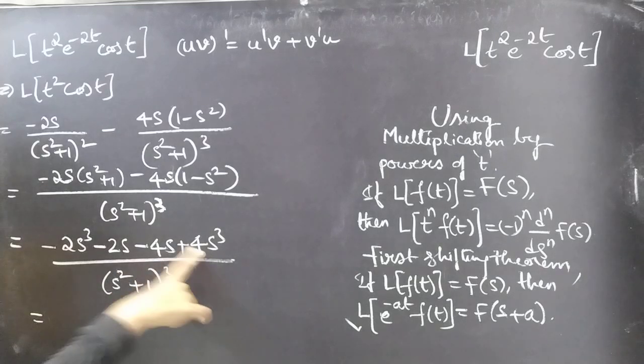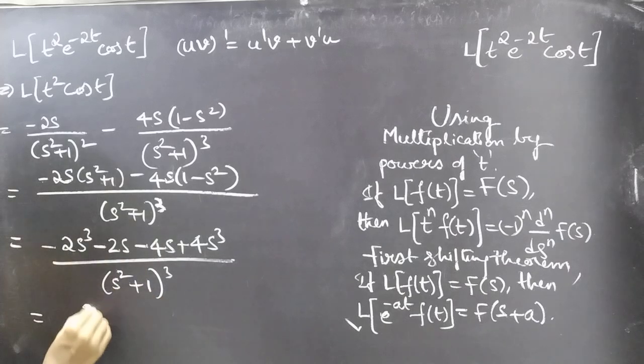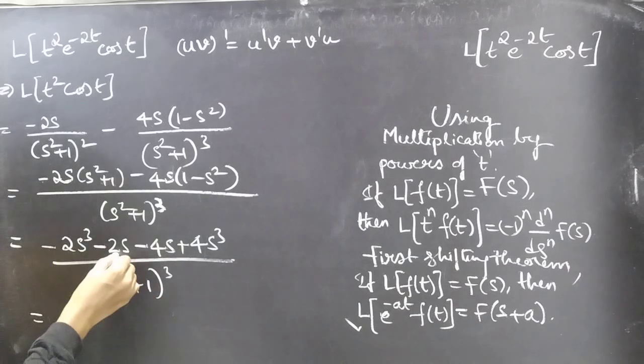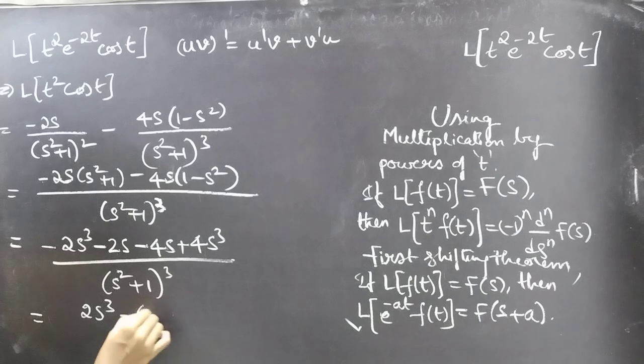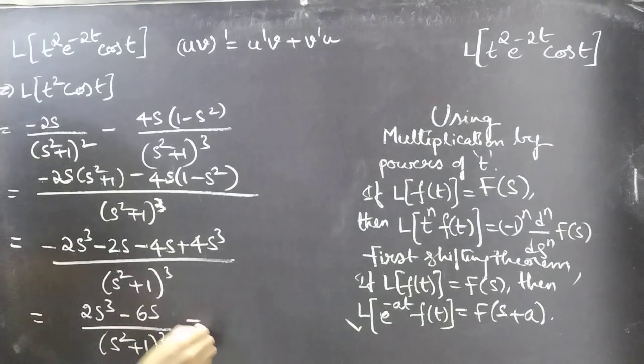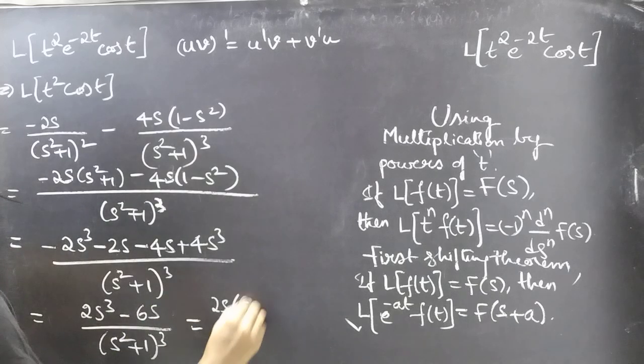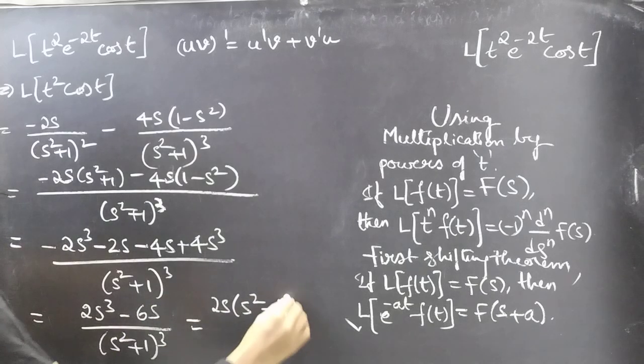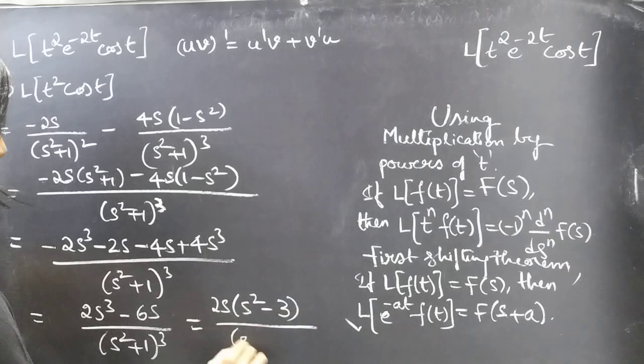This gives us 4s cube minus 2s cube is 2s cube, minus 2s minus 4s is minus 6s, by s square plus 1 whole cube. Now we can write this as, just take 2s common from these two terms, we'll get 2s times s square minus 3, by s square plus 1 whole cube.